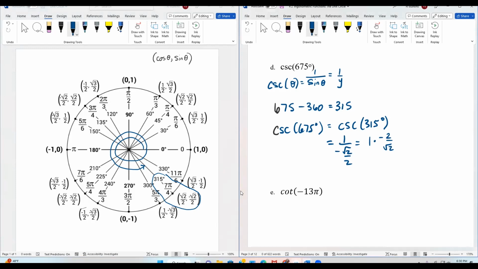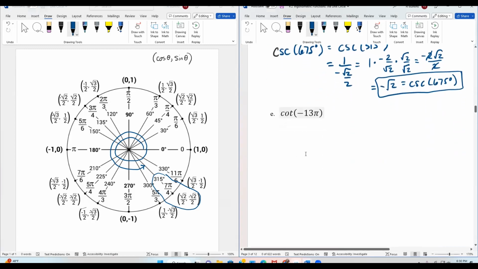And then I need to rationalize. So I need to multiply by √2 over √2. That gives me negative 2√2 over 2. All those 2's, going crazy on 2's. And I get negative √2. So all that is to get me to negative √2.